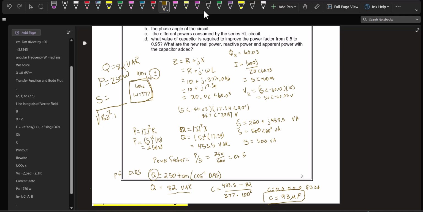It's 82 squared plus 250 squared, which is 263 volt amps. And so that's our apparent power. So we brought it down from 500 to 263.